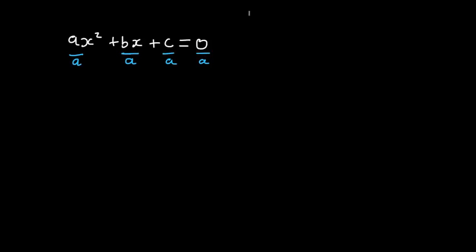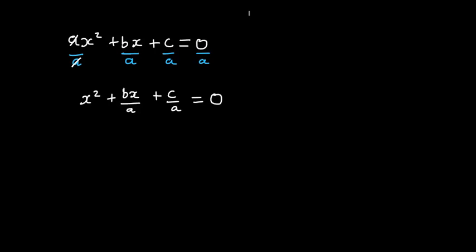Once you are done, this will cancel with that, and you will now be having x squared plus bx over a plus c over a, and this is equal to 0.